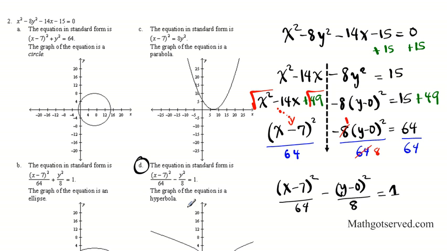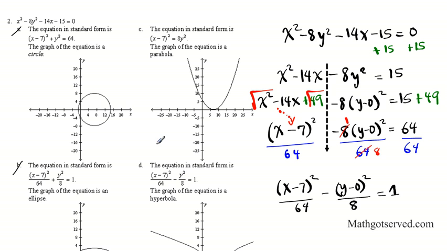So the shortcut I was going to tell you earlier was that if you notice that you have two squares in the original equation, and the two squares have a minus in between them, that tells you that it cannot be A, and it cannot be B because those two squares have a plus in between them.